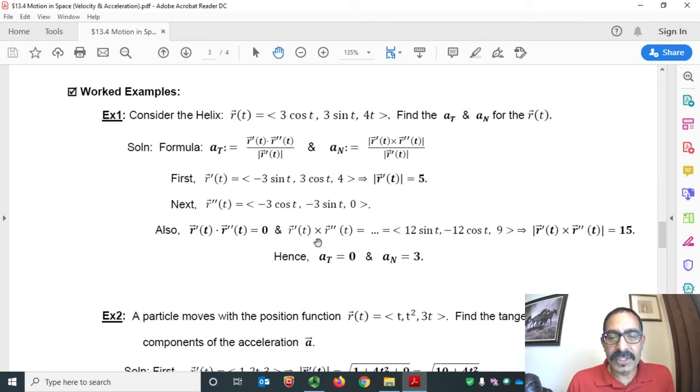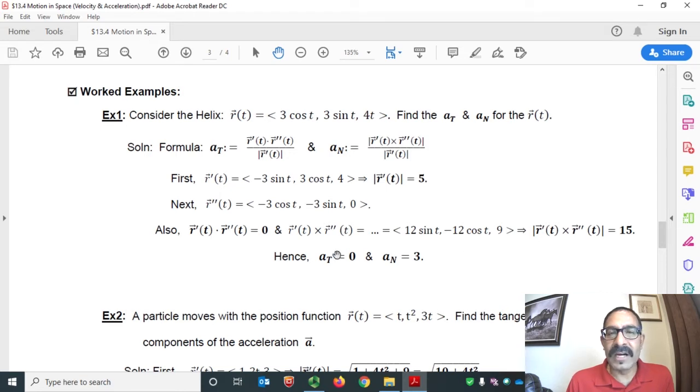Similarly, compute the cross product r prime cross r double prime using a 3 by 3 determinant. First row i, j, k. Second row, the components of r prime. Third row, the components of r double prime. Expand the 3 by 3 determinant, which turns out to be the vector whose components are 12 sin t, negative 12 cosine t, 9.